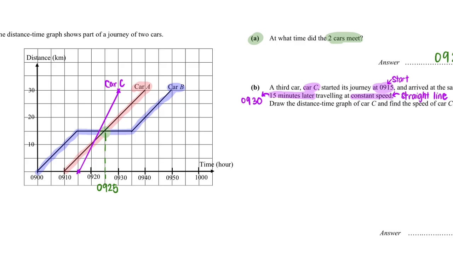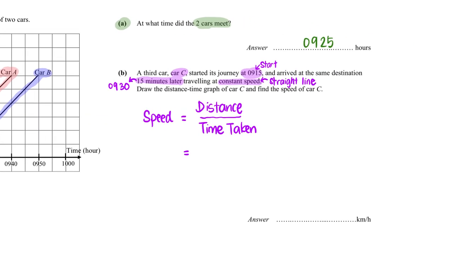Well, the speed is pretty straightforward since it is a constant speed. So speed will be equal to the distance traveled, in this case 30, divided by the time taken. Now, for the time taken, it is important to take note of what units the question wants us to give: kilometer per hour.